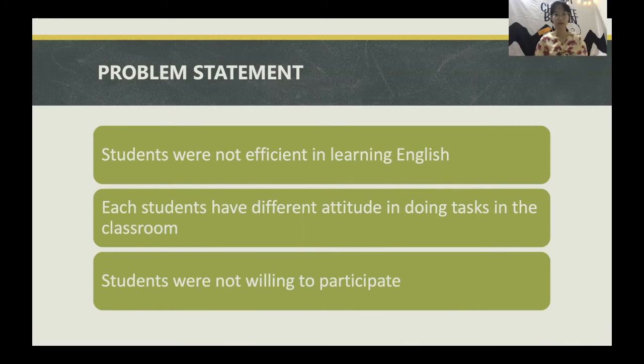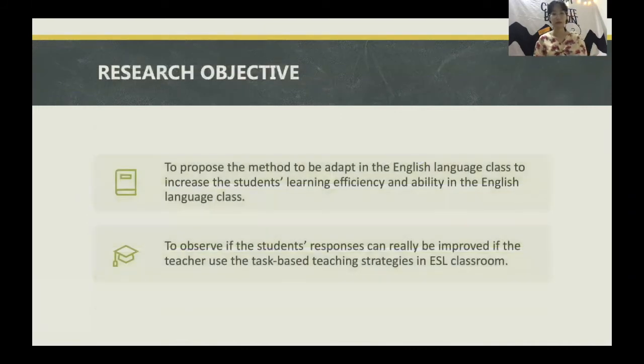But some students tend to play games or do some interesting activities. So their attitude is different. And next is students who are not willing to participate. They are very reluctant.